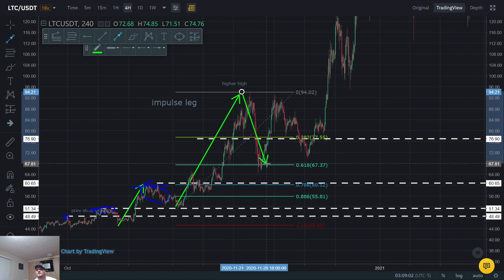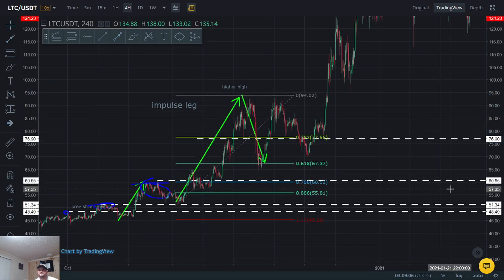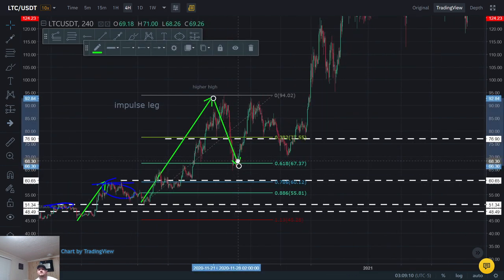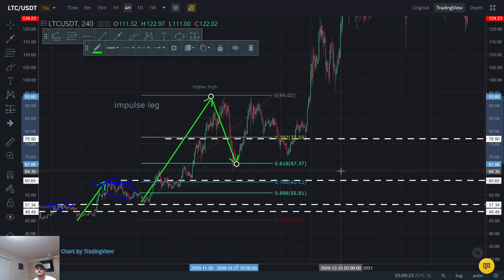This would be your pullback. Right? Cool. So then this is where you would buy, or this price would give you the best risk to reward, or whoever's looking at this trade being patient, which is also hard.